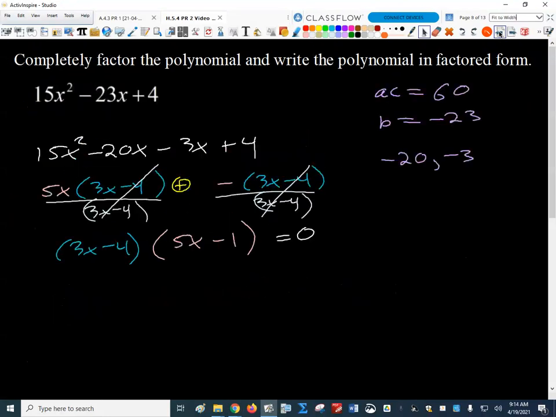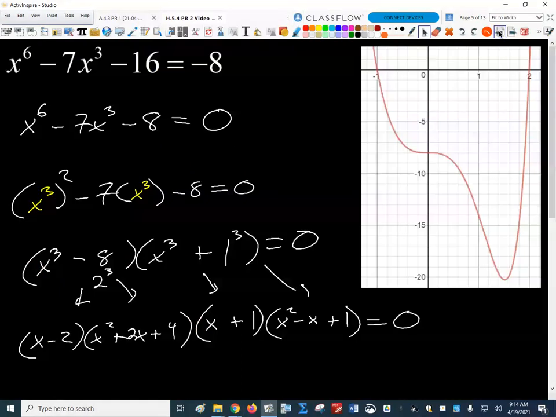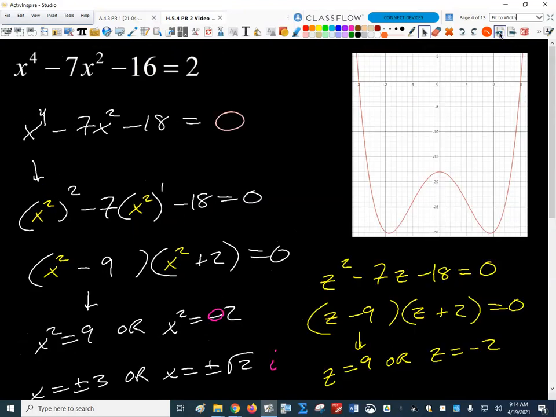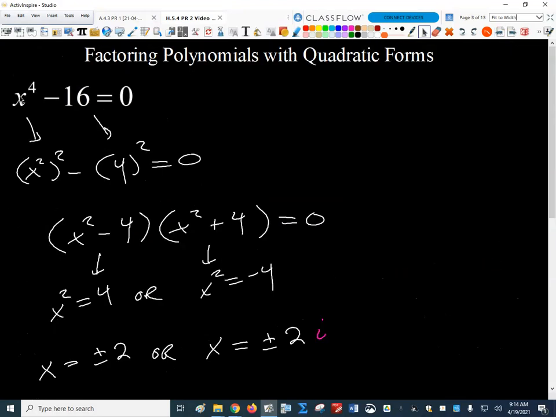Remember, if they had quadratic forms, if we could write them in packets of something squared and something, and make them look like quadratic trinomials or even difference of squares, then we're able to use all the techniques that we had in Unit 4 to solve these things. So that was useful.